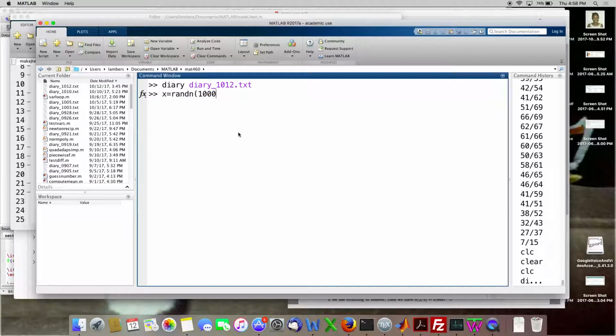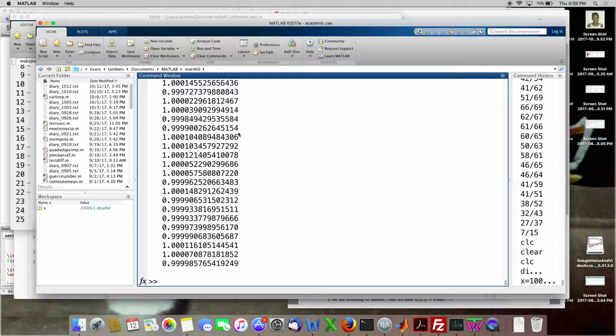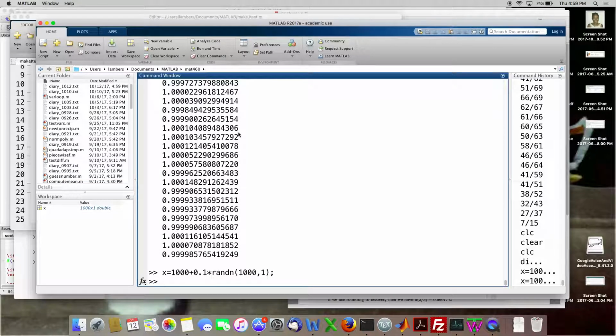Now, if I do this, 1,000 numbers using randn, that's going to give me random numbers distributed with mean 0 and standard deviation 1, but I don't want that. I can scale by the standard deviation, and then I can add the mean. Whoops. Okay. So that's how the random numbers are generated.